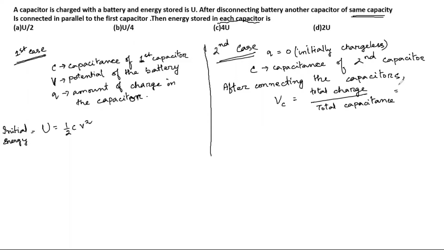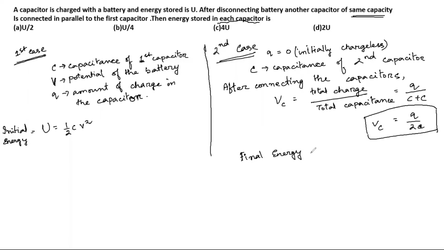Our total charge will be Q, and your total capacitance will be C plus C, so the common potential is Q by 2C. Now we will find the final energy in each capacitor.